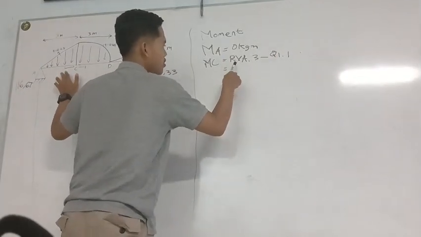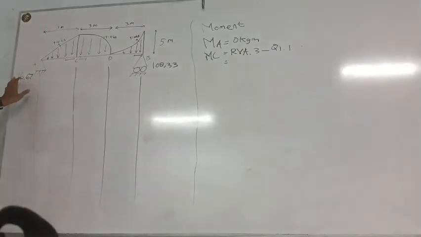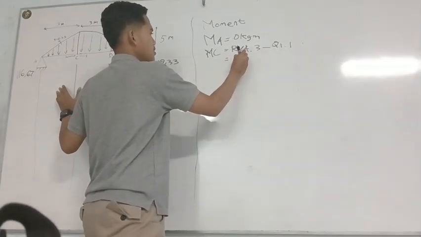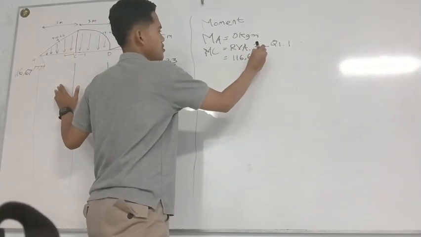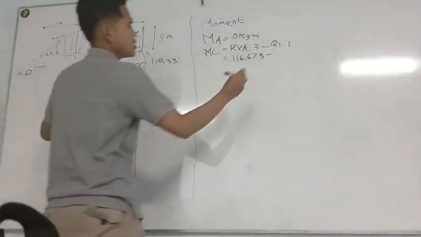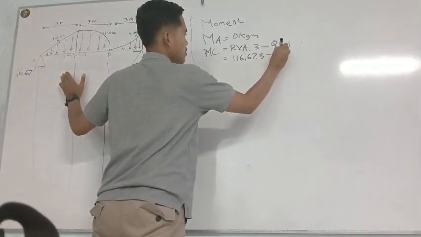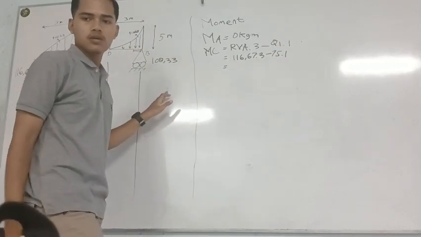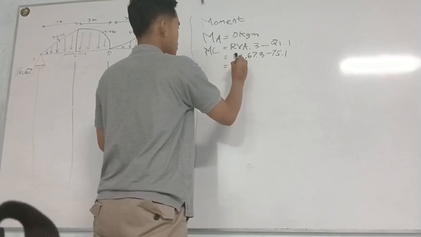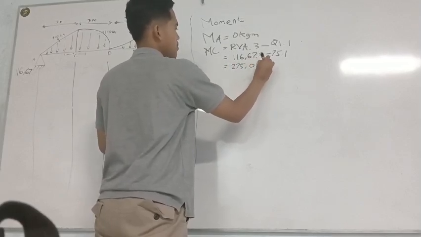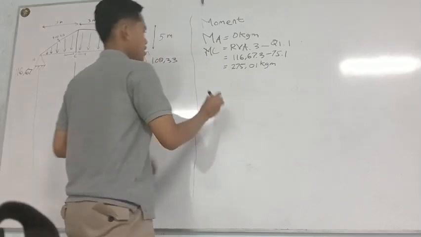As we know, the value of RVA is 116.67 times 3 minus, and the value of Q1 is 75 times 1. So the value is 275.01 kilogram meter.